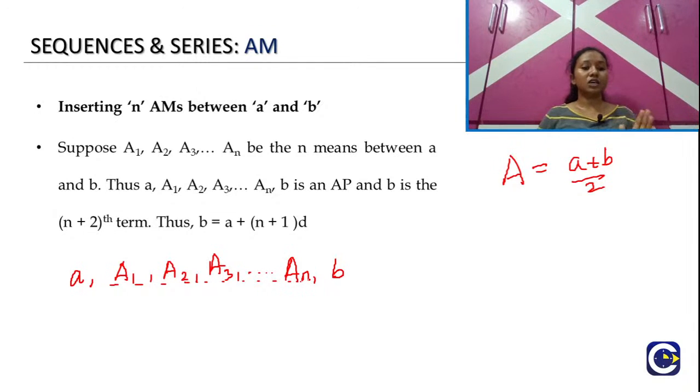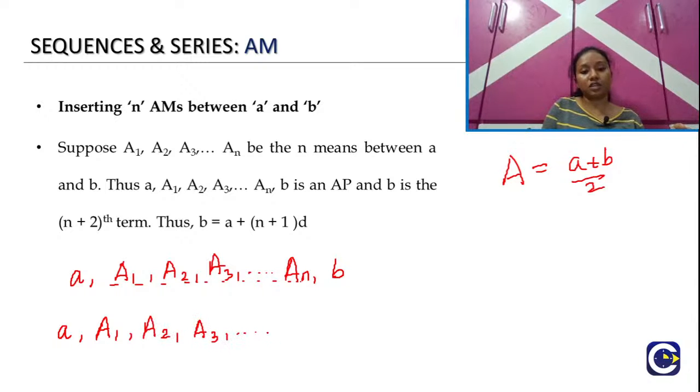So here we have two numbers a and b. In between these two numbers, we have inserted n arithmetic means given by A1, A2, A3 and so on up to An. So now the arithmetic progression has turned out to be a, A1, A2, A3 and so on, An, and b.